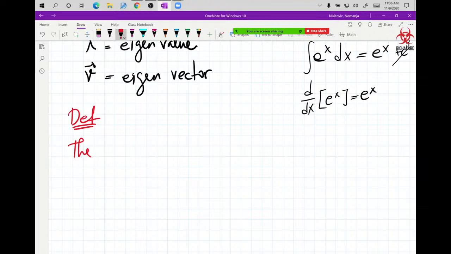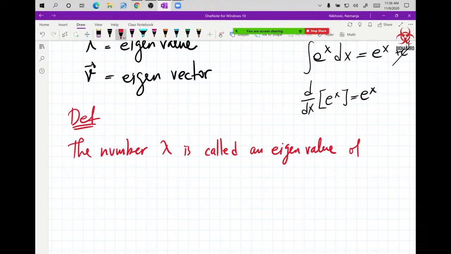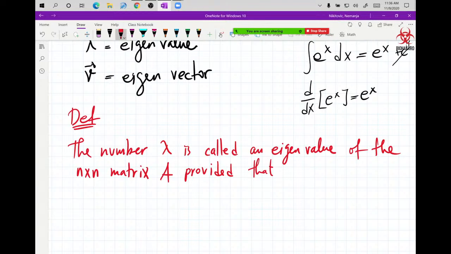So the number lambda is called an eigenvalue of the n by n matrix A, provided that, and now here is a very similar equation to what we had earlier, except now it's a determinant.